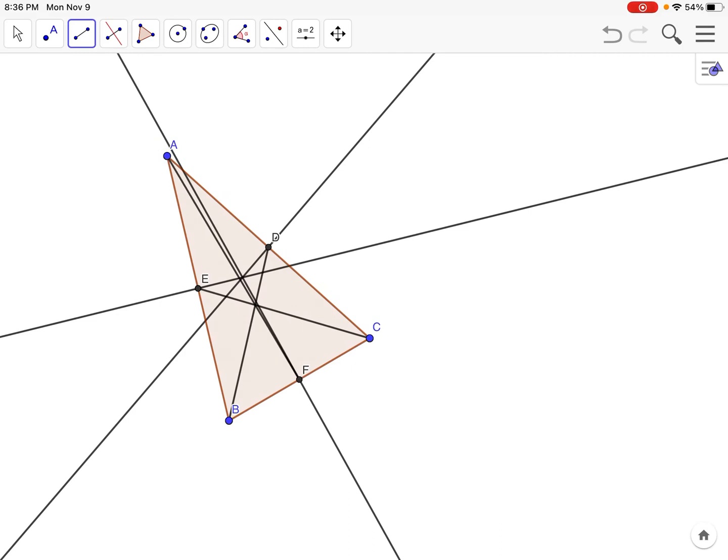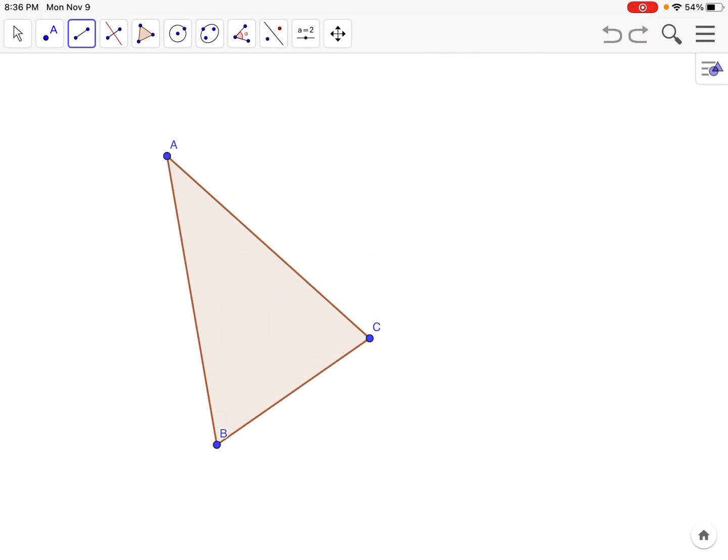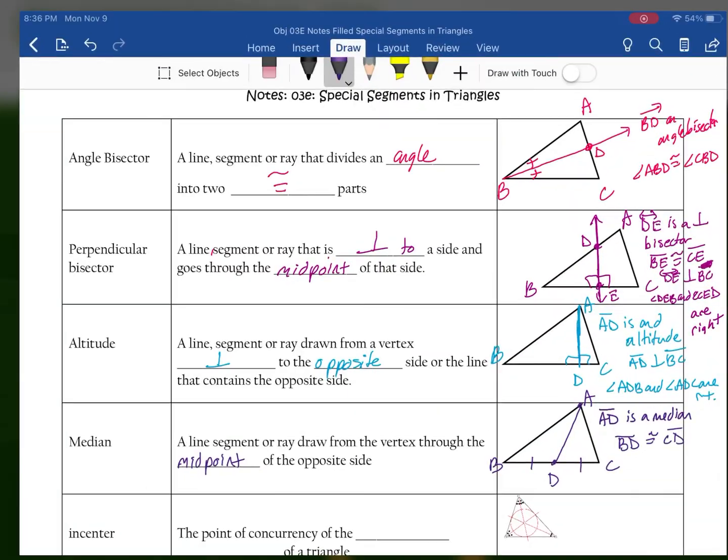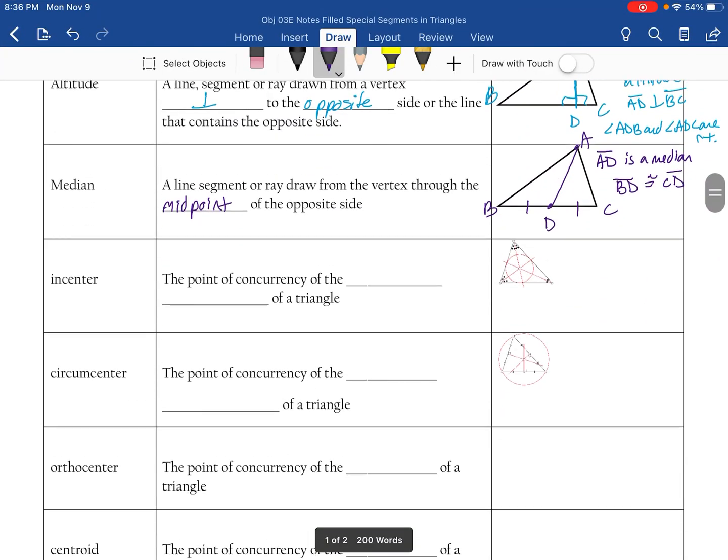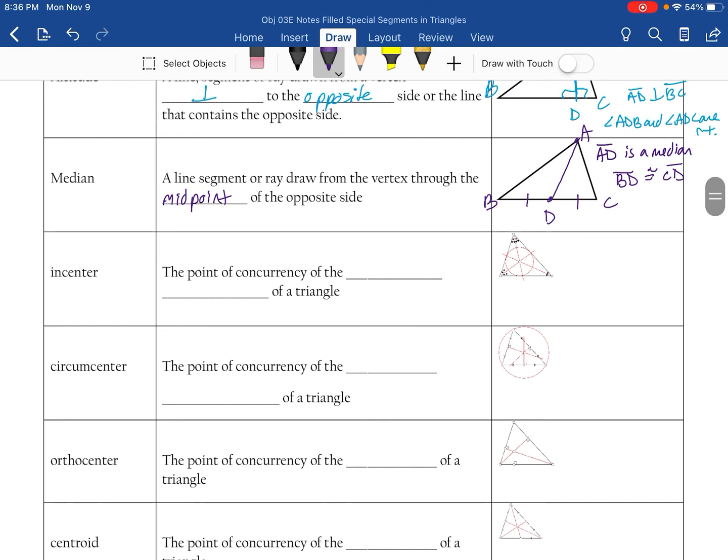Okay. It's actually the center of balance of the triangle, but I can't show you that. But the only thing I wanted to show you really quickly was that all of them meet at the same spot. So I don't know how relevant this is going to be, but the point of concurrency, that was the centroid.